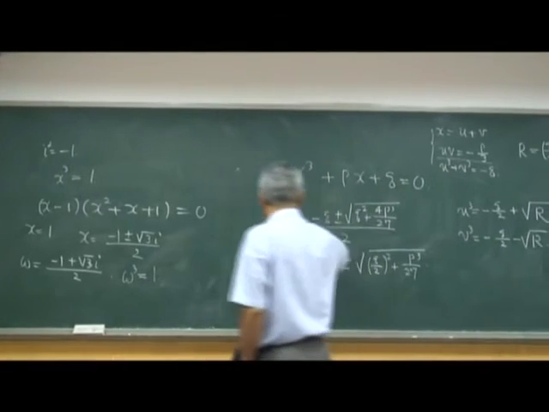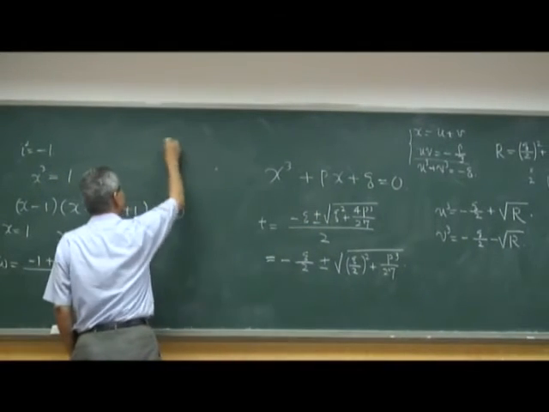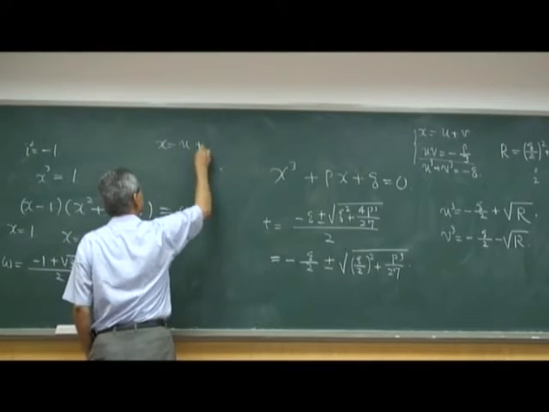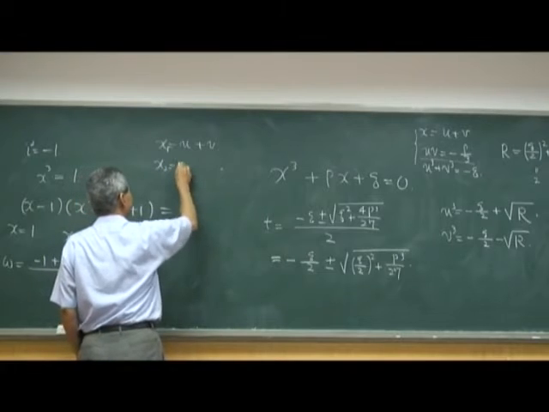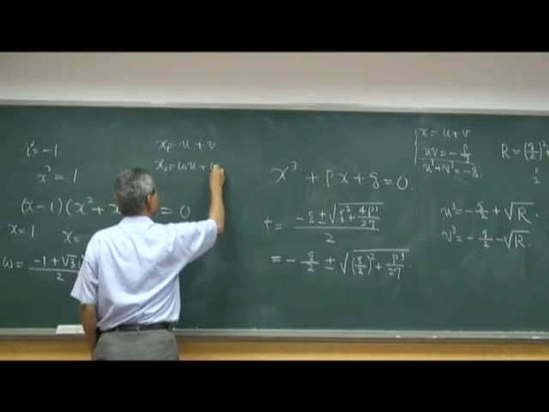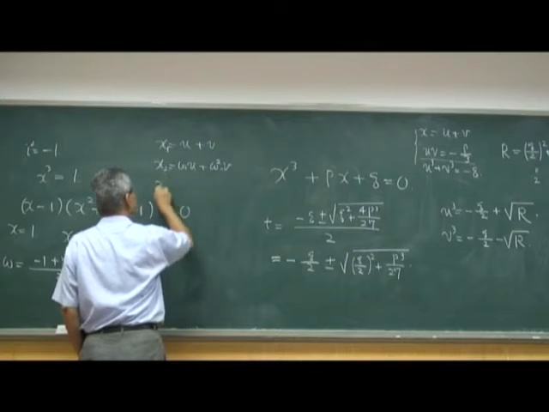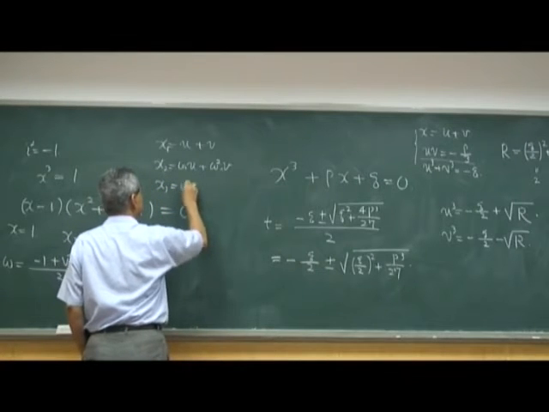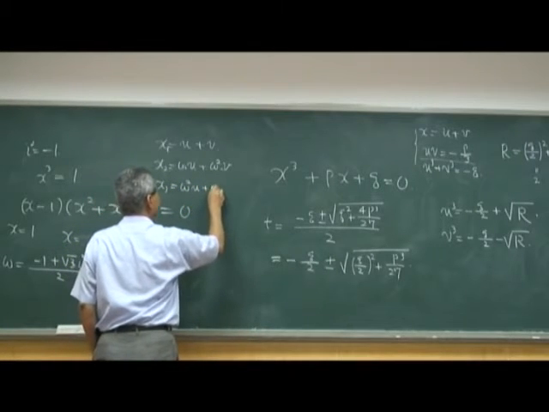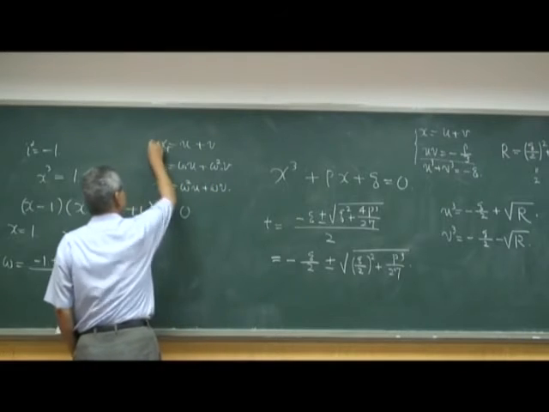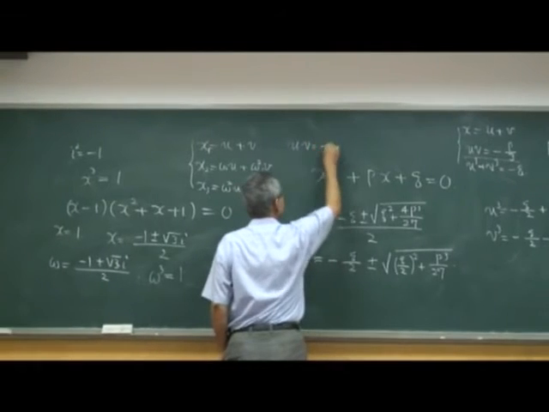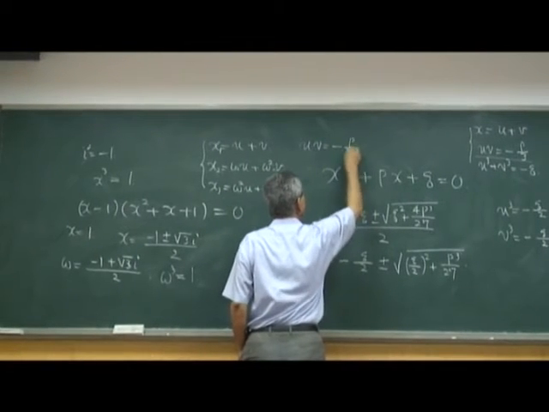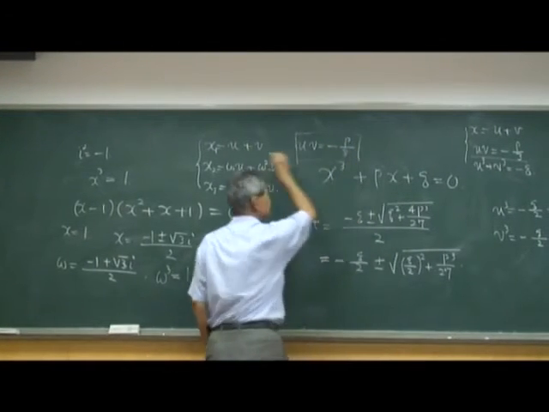Then what is the solution here? I write u plus v, and this is one solution. The other solution is omega u plus omega squared v. But of course, there's one condition: uv should always satisfy this condition. This is very important.